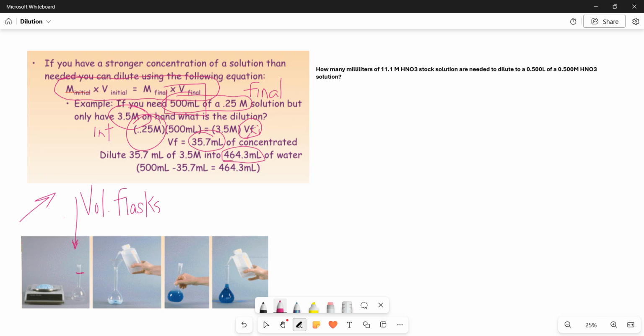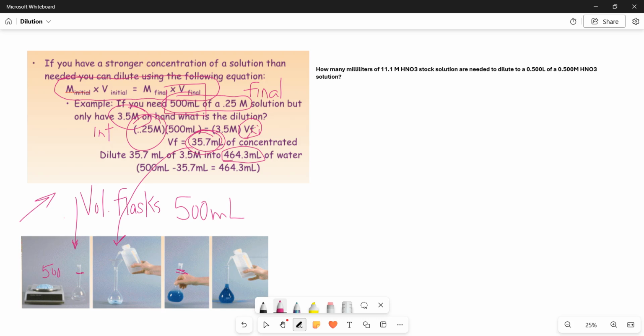And so if I wanted a 500 milliliter solution and this mark here was for 500, what I would do is I would insert my 35.7 milliliters of concentrate, and then I would add water to that line so that the meniscus rests on there, and that would be even more accurate.